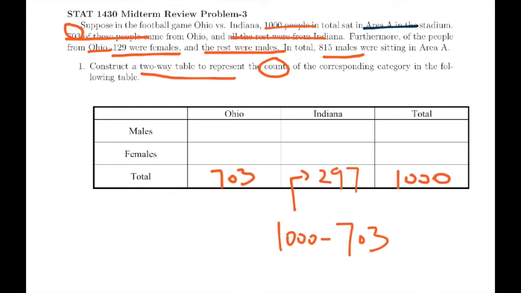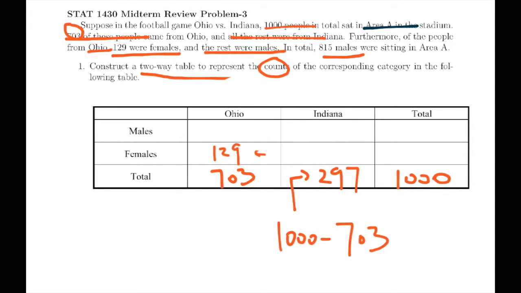Furthermore, remember that the total number from Ohio was 703. Of this amount of people, 129 were females. That means of all the people from Ohio, 129 were female. We're going to write 129 in this box.